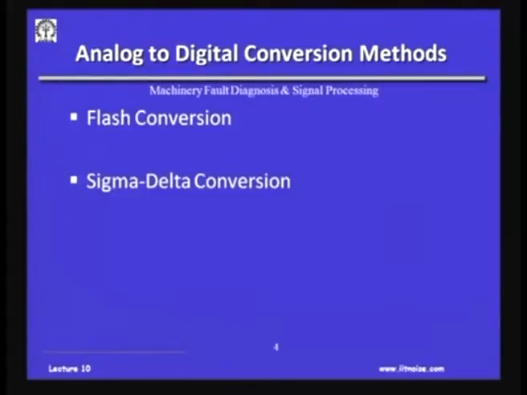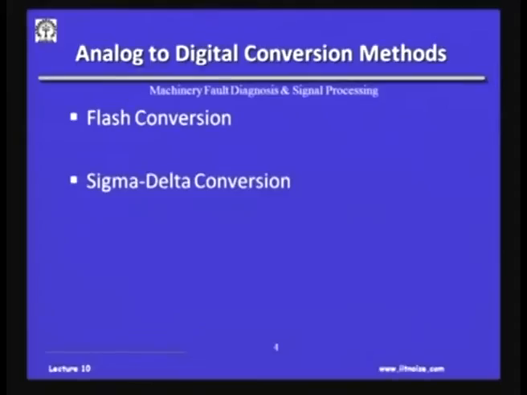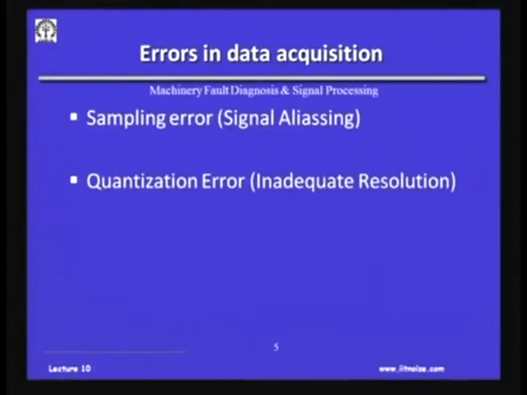We have discussed the errors in data acquisition which we have to avoid: sampling error, which leads to signal aliasing because of inadequate sampling frequency, and the quantization error because of inadequate resolution.